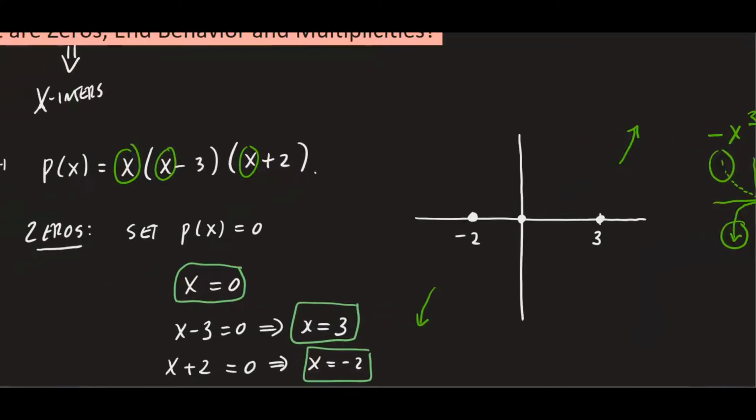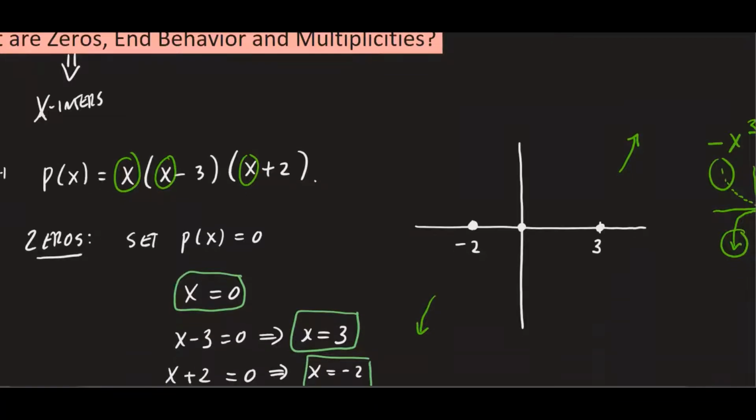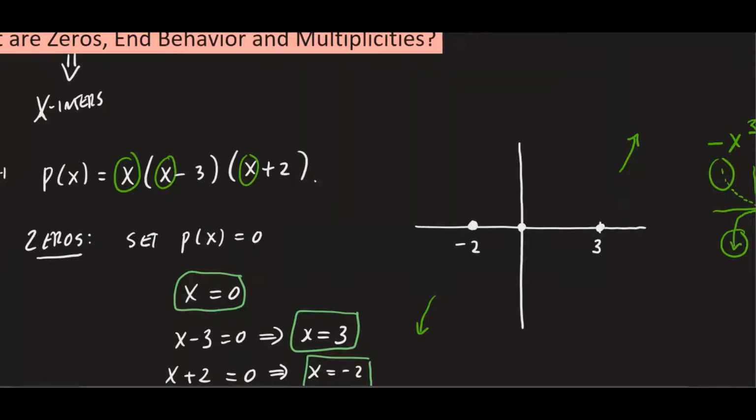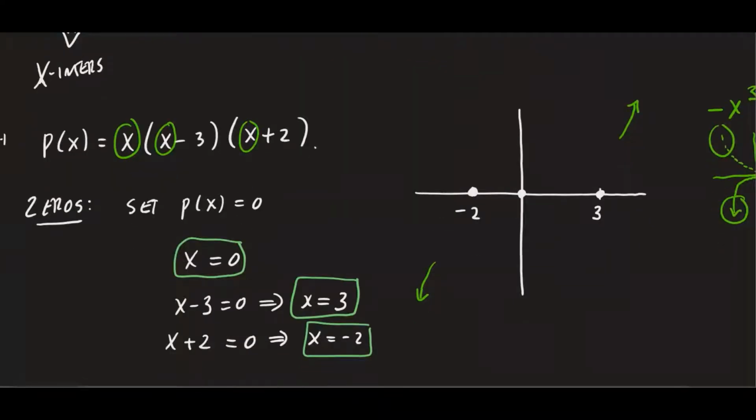So now that we have determined the end behaviors, let's take a look at the multiplicity. Multiplicity just means how many times that particular 0 is repeated. For example, x equals 0 came from this factor, which has a power of 1. So it's only repeated once, meaning it's a linear factor. You can think of it that way.